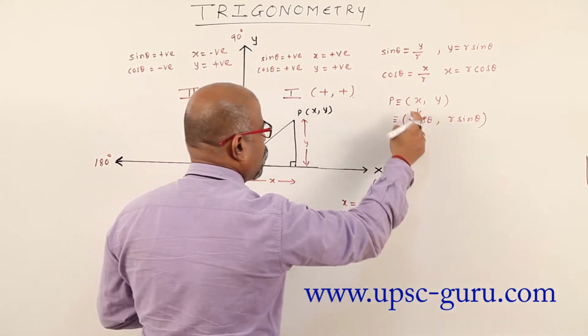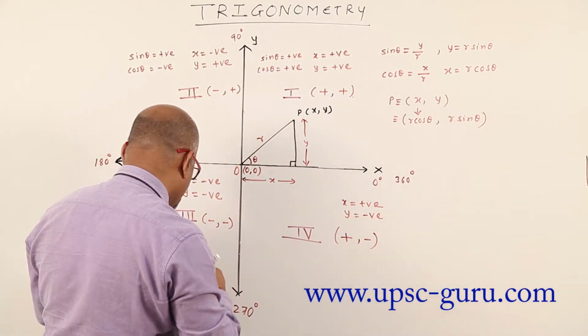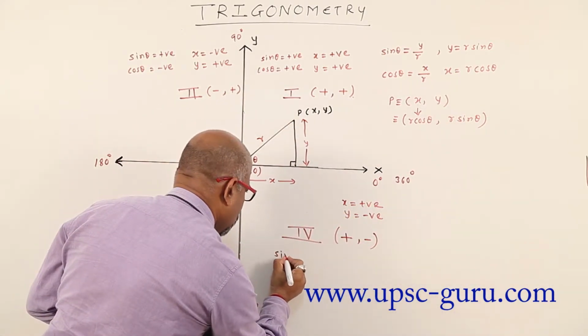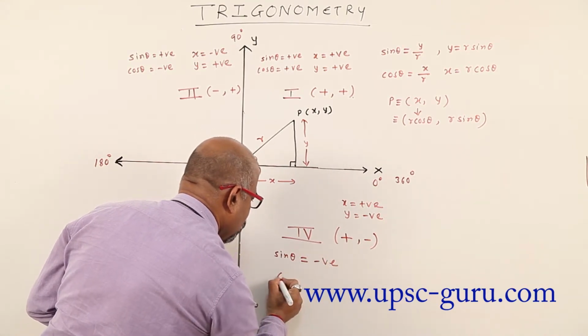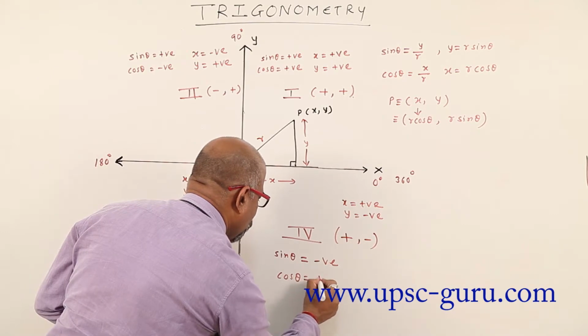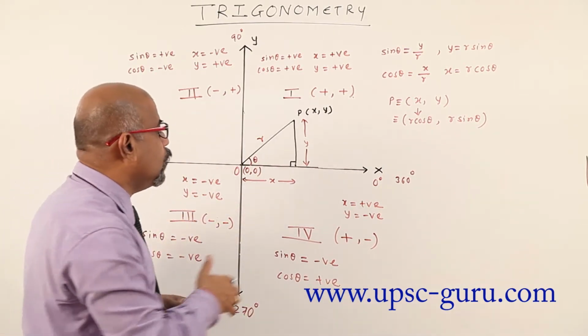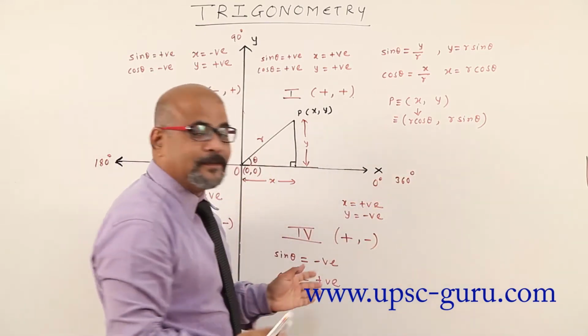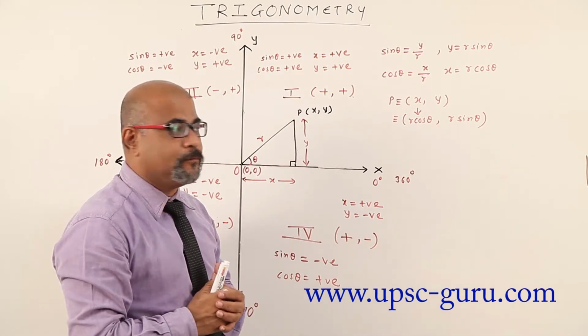X represents cos theta, y represents sin theta, therefore sin theta is negative and cos theta is positive. That means for any angle between 270 to 360 degree, sin theta is always negative and cos theta is always positive.